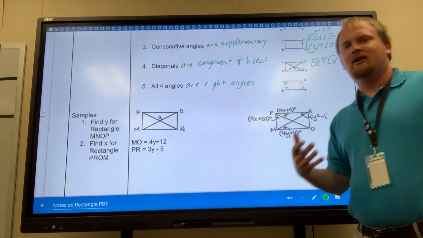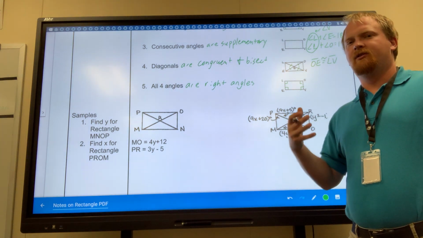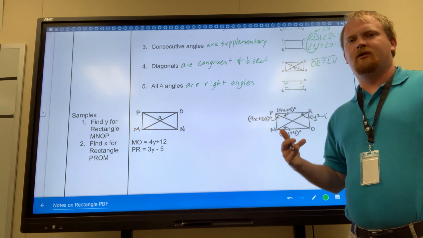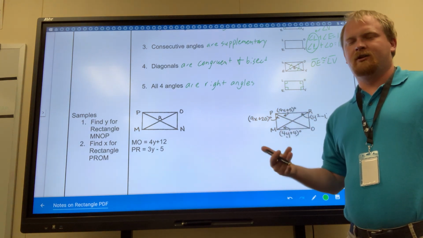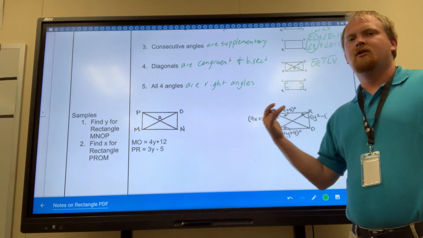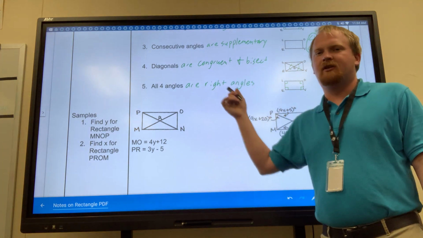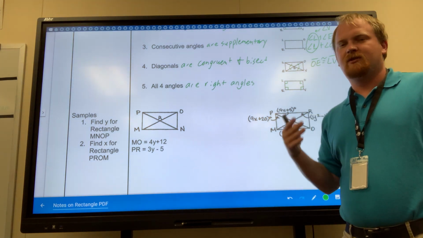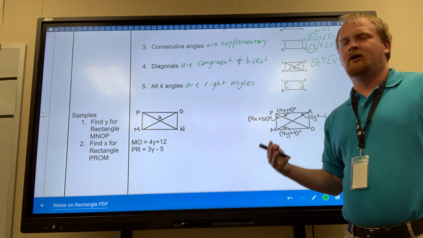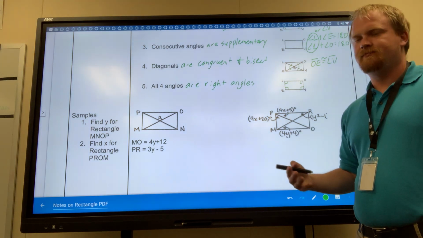But we want to be clear about it because we can go a little bit further with squares, where squares have all right angles and congruent sides. But this is just basically a pure definition type thing. But it's still the case for a rectangle to have all four right angles.